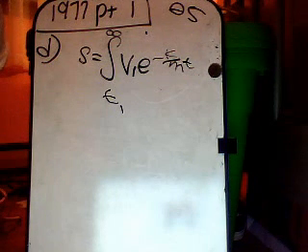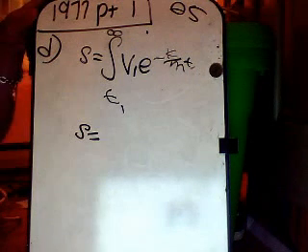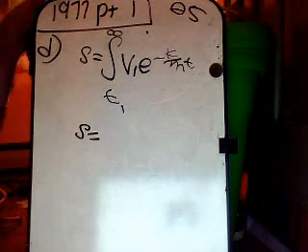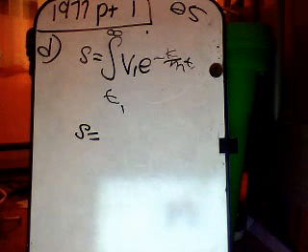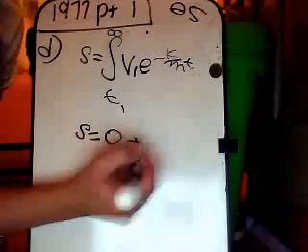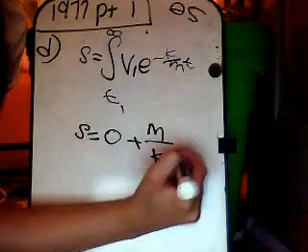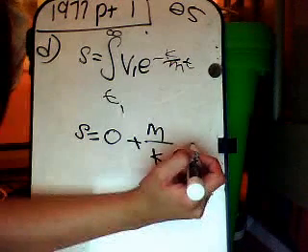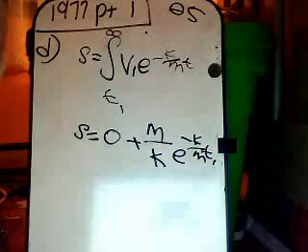And then once you do all that out, you come down to s equals 0. It tells you that the initial time is 0, and when you have e to the infinity, or anything to the negative infinity, it equals 0. So s equals 0 plus m over k, because you took the integral of that, e to the negative k over m ti, because you plugged in ti for that.